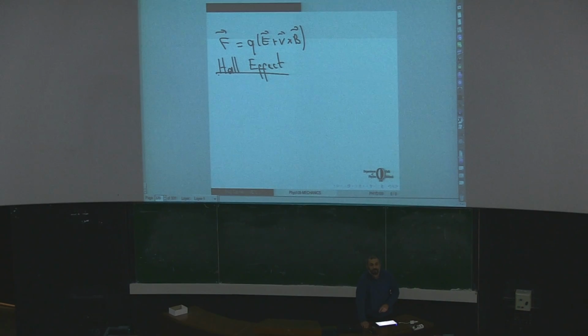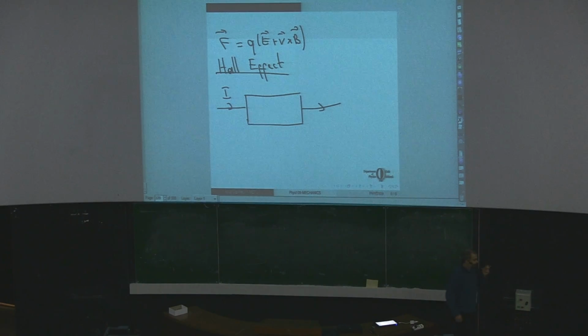Now let's imagine that we have a very thin conductor. Not necessarily small, but a thin one. This is our conductor. Let's assume that we connect it to a current. And let's furthermore assume that we put it in a uniform magnetic field.